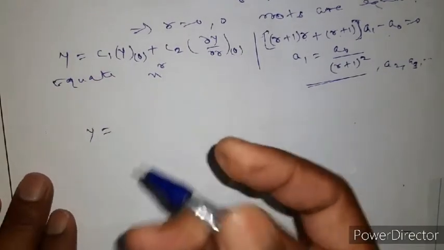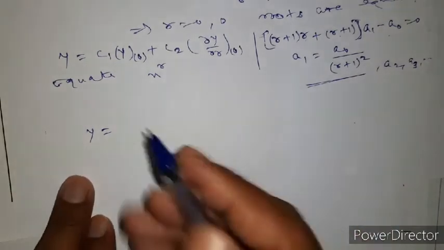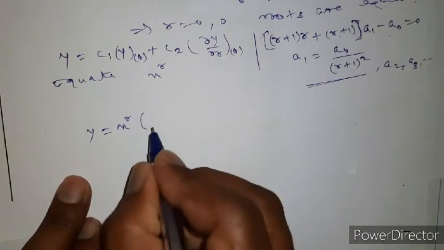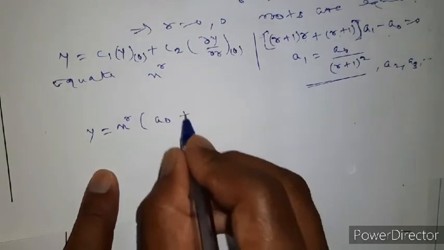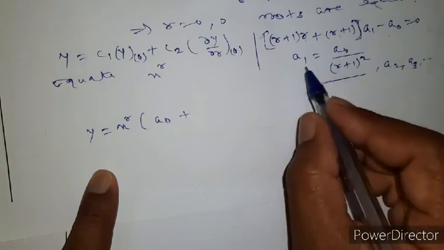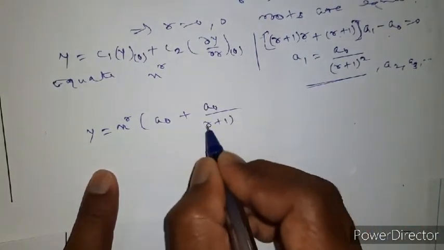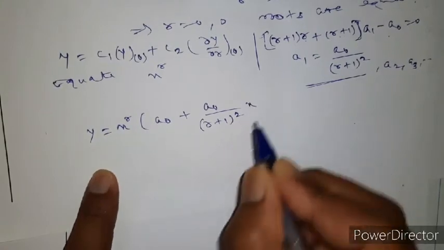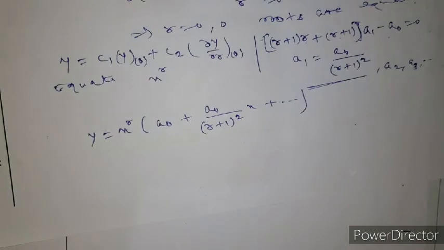I am just showing you in limited time how to calculate the values. So y is equal to x raised to r in bracket a0 plus a1 into x we write, no? So a1 means a0 upon r plus 1 bracket square into x. Right, plus, you may find a2, a3 and substitute the values.